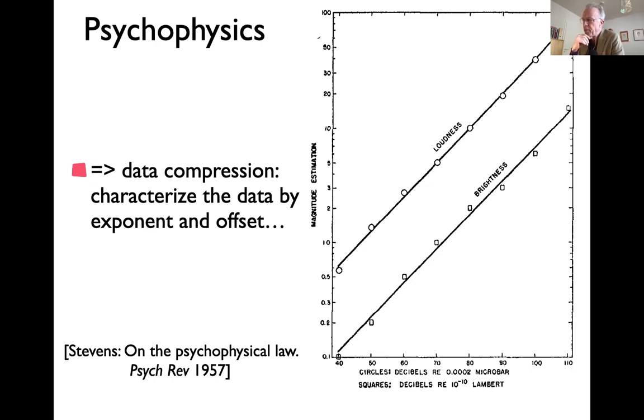A law could also be viewed as data compression. If something is lawful, I don't have to list all the data points. I can compress all the data points into just a smaller number of parameters.